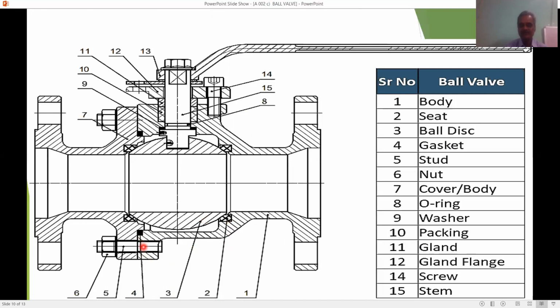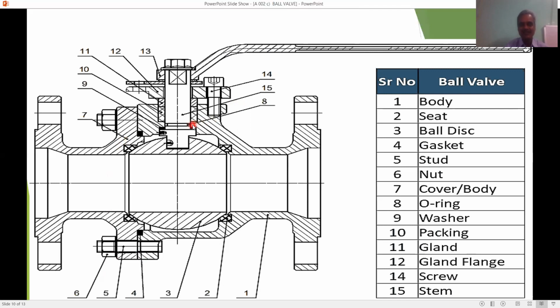Number 5, stud. This is the stud to connect both parts. Number 6 is nut, and a washer will also be there. Number 7, cover body. Number 8, o-ring.